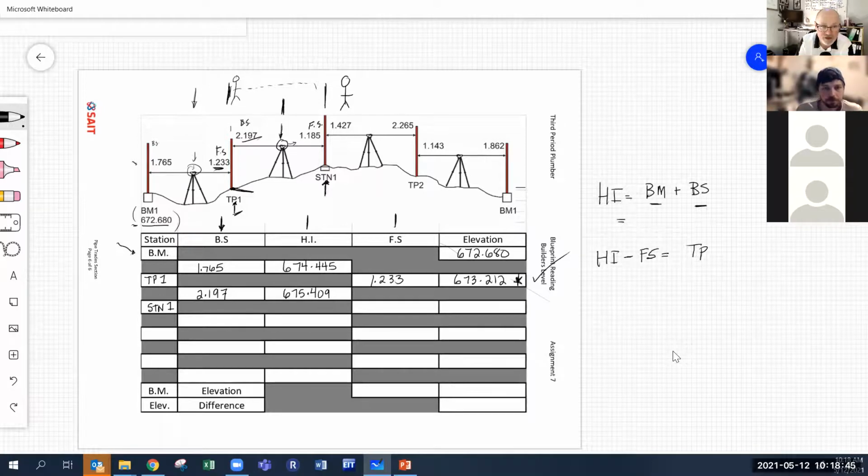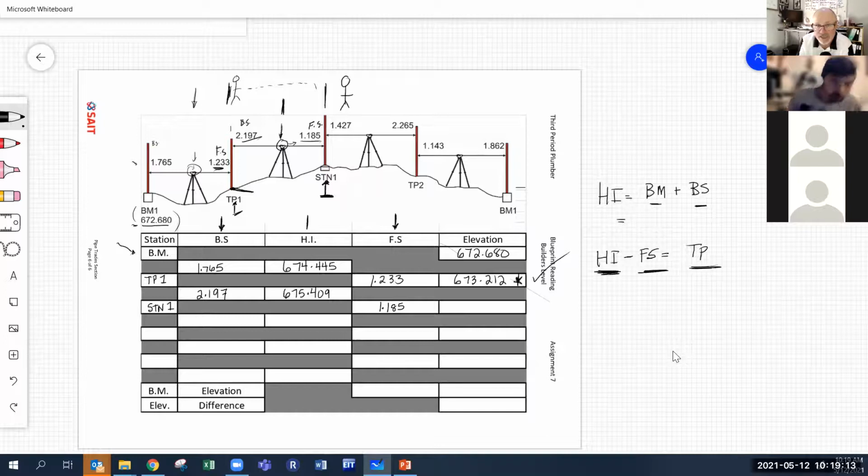So under here, my foresight is going to be 1.185. So that's what that is right there. And now, because I know the foresight, I can determine the elevation at station 1. And how we do that is we take the height of the instrument and subtract the foresight.